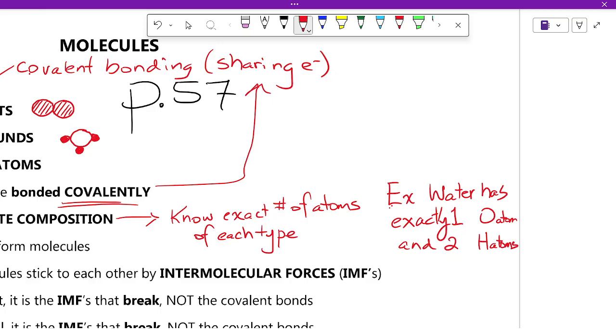It's never going to be bigger than that, right? Those are the exact numbers. Sugar, glucose, always has 6 carbons, 12 hydrogen, and 6 oxygens. That's glucose.